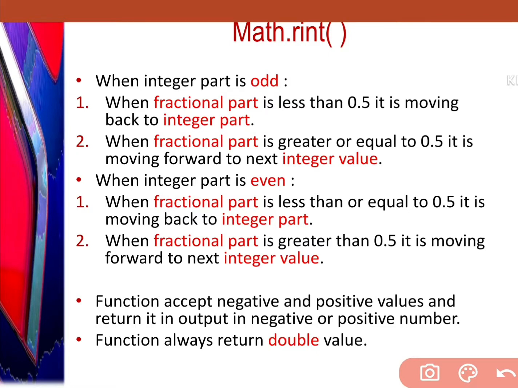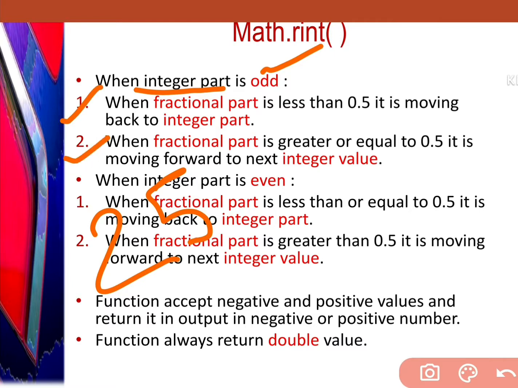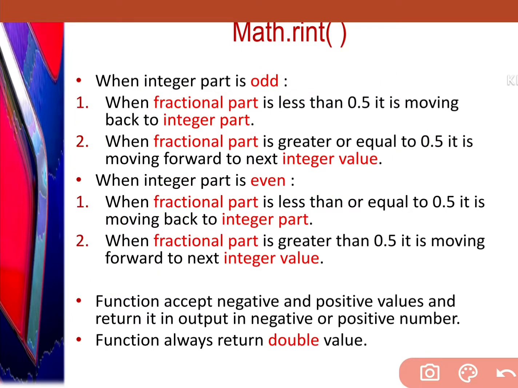See, when we are talking about odd numbers, an odd integer part means 25 is an odd number. If I'm talking about an odd integer part, then move with these two points. After that, what do you have to see? The fractional part in rint. If the fractional part is less than 0.5, then you have to move back towards the integer part.